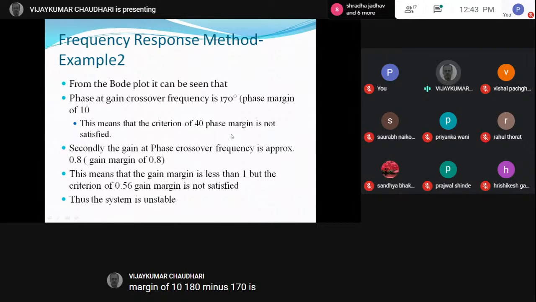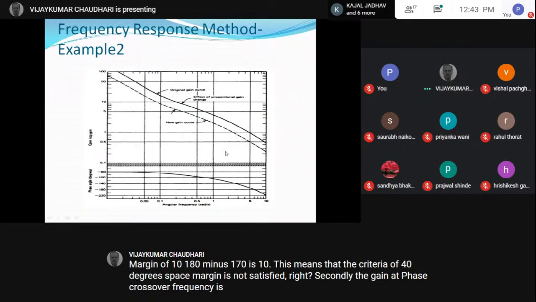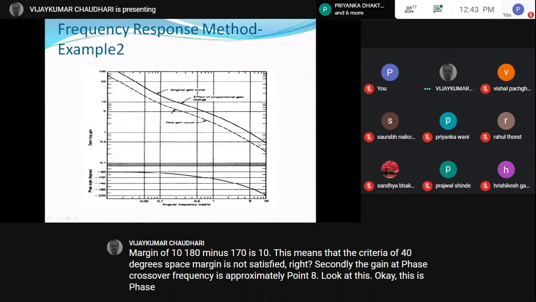This means that the criterion of 40 degrees phase margin is not satisfied, right? Secondly, the gain at phase crossover frequency is approximately 0.8. Look at this. Okay, this is phase crossover, and if I take this point, it is 0.8 or something like that, right?